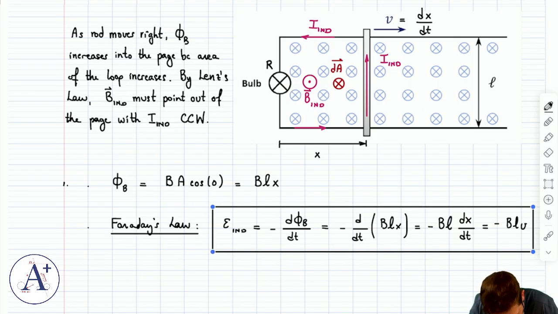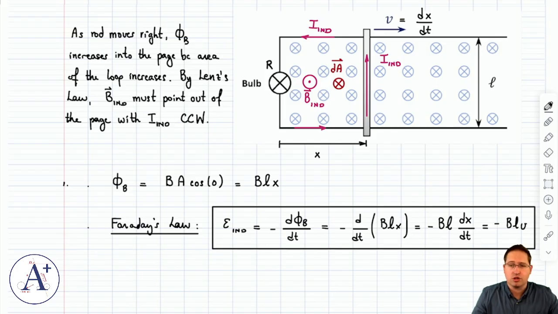It is on you to realize that you get dx dt, and then to conclude that dx dt is equal to the constant speed v with which the rod moves to the right. In fact, it wouldn't matter if it's constant or not. Dx dt, by definition from kinematics, is the velocity in the x direction. So yes, an old memory from mechanics, but that's how you're going to apply Faraday's law to find epsilon induced.